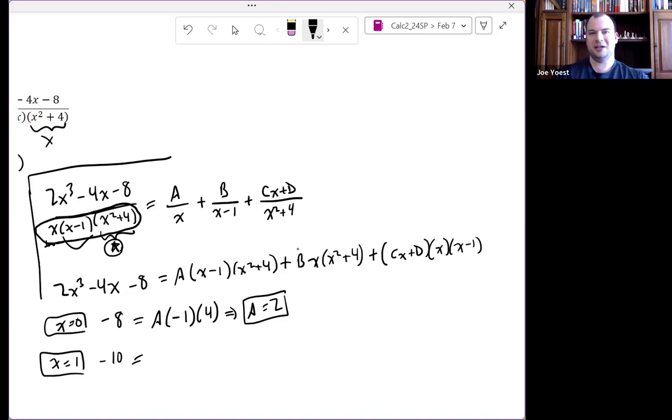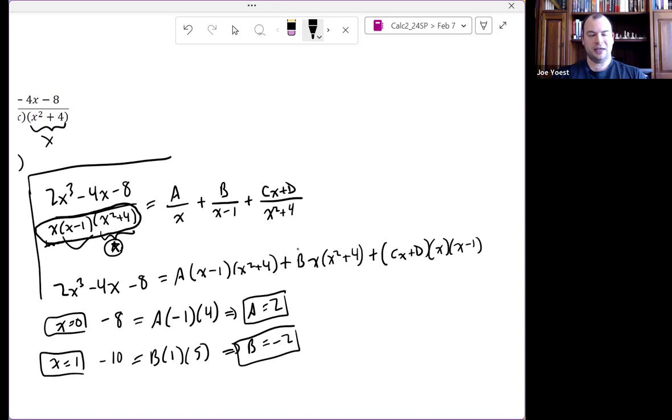But I'm trying to be pretty careful and go fairly slowly and methodically through this. On the right, for x equals 1, my A term goes away. My B term is B times 1 times 5. And then my C and D pieces, that x minus 1 cancels those out as well. 5B equals -10. B equals -2.